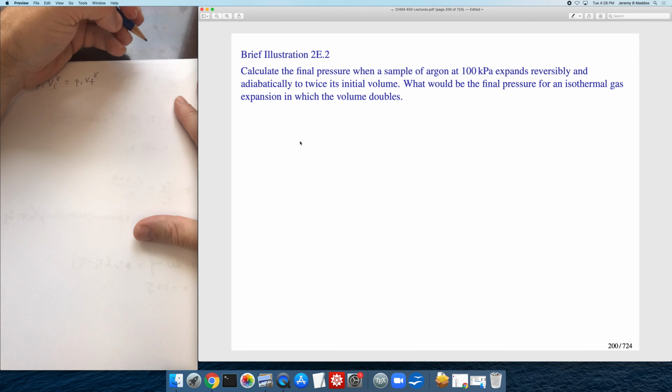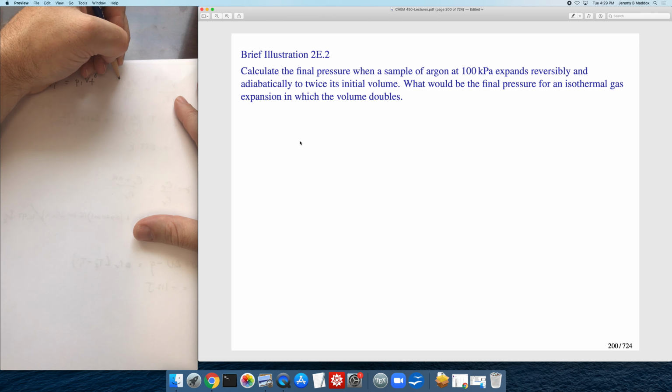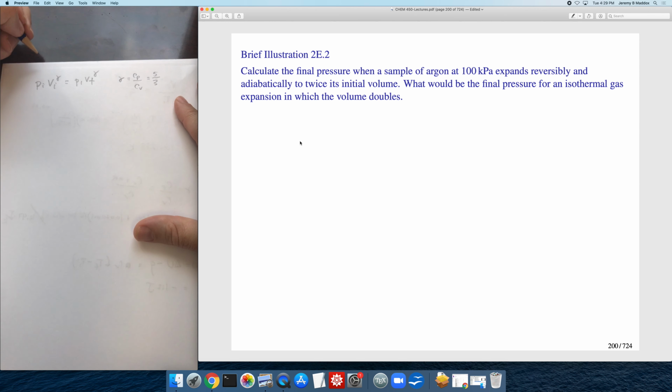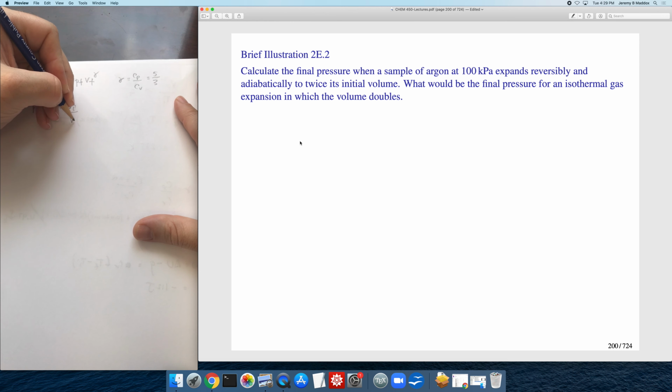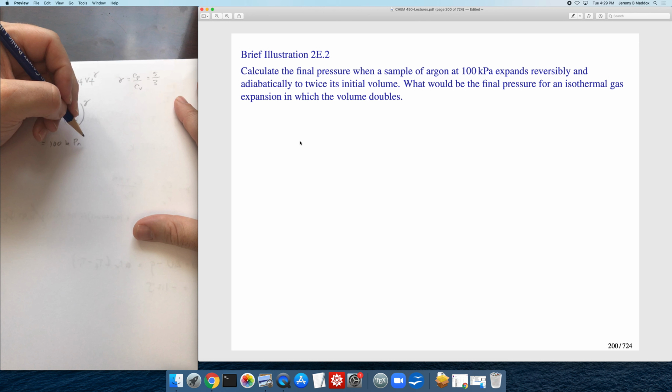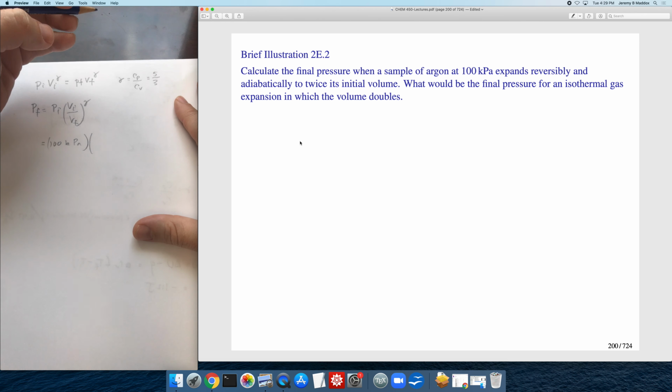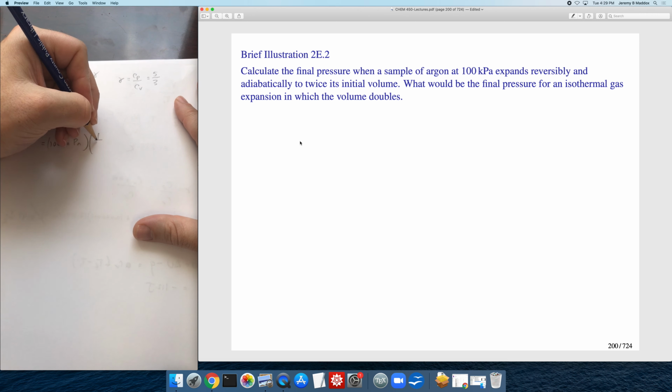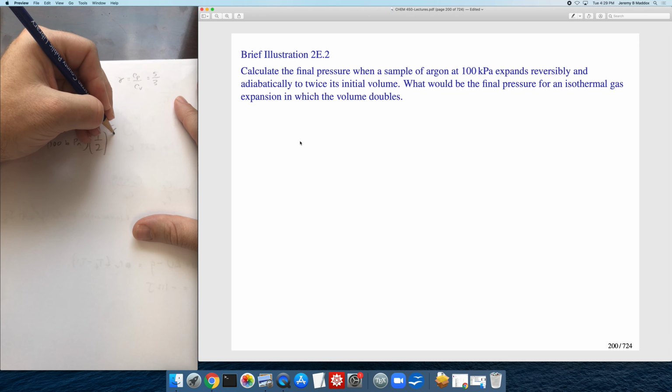Okay, argon is a monoatomic ideal gas, so gamma, Cp over Cv, is going to end up being 5/3. And so we know the value of gamma. What we want to do is find the final pressure. So we've got 100 kilopascals for the initial pressure, and then the volume doubles. All of that is to the 5/3 power.